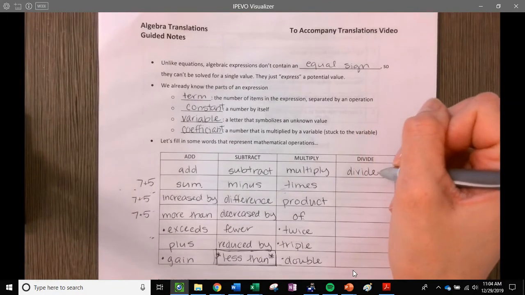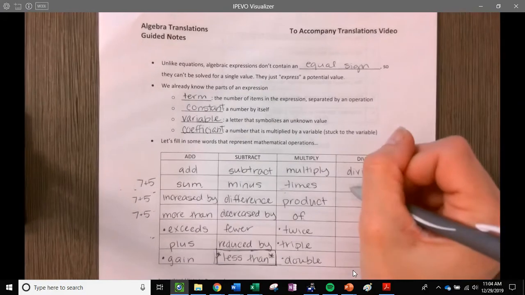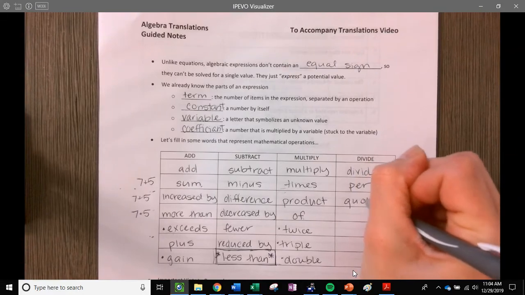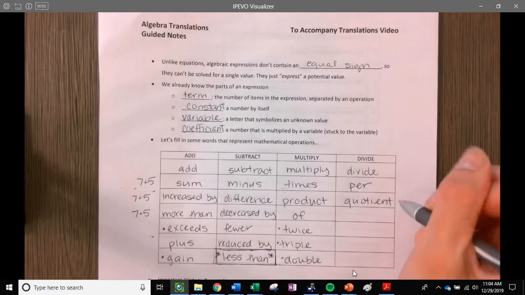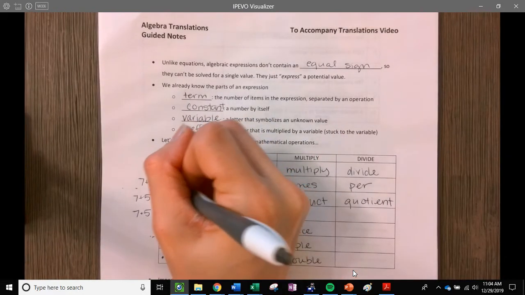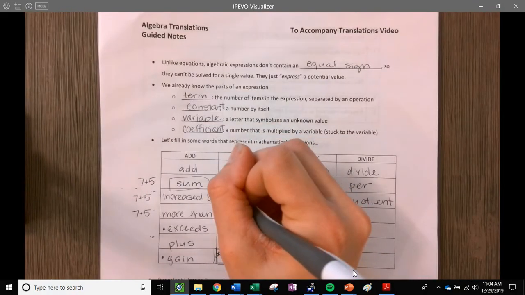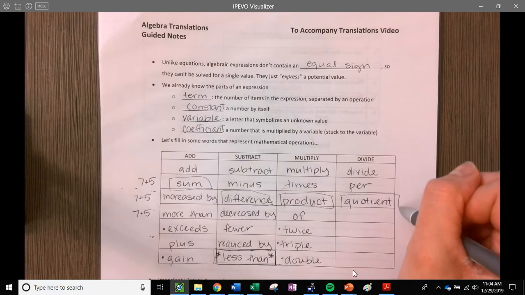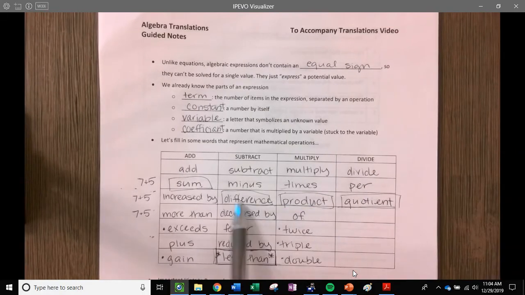you know that. Per, quotient. These words, sum, difference, product, and quotient. All of these 4 words refer to the answer that you get.